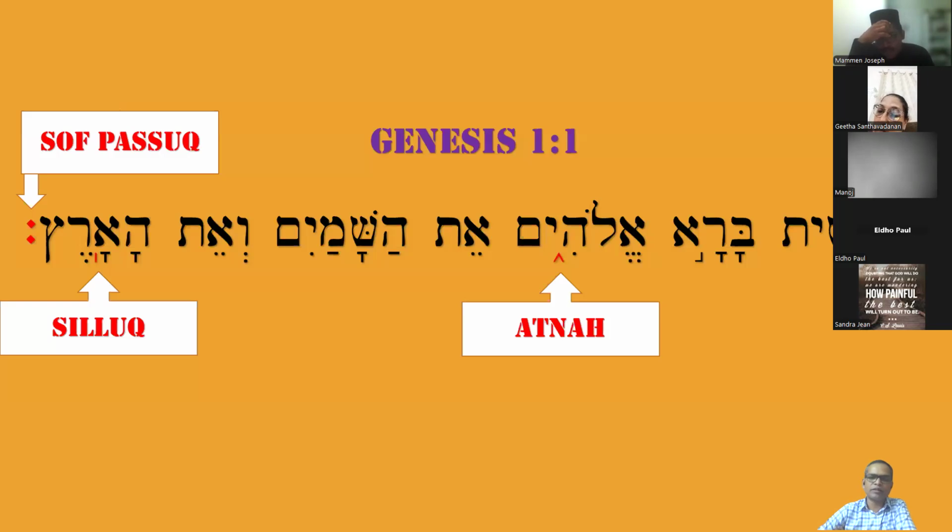Atna is placed under the accented syllable. Atna is placed under the accented syllable of the last word of the first half of the verse.